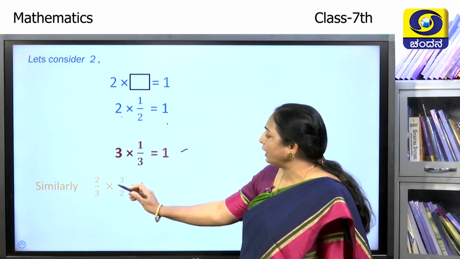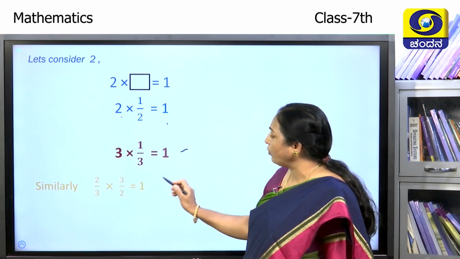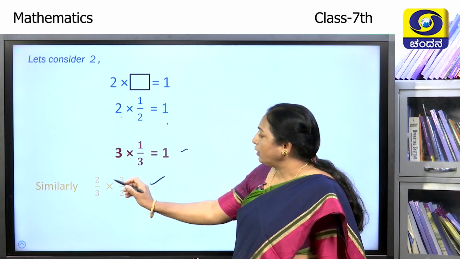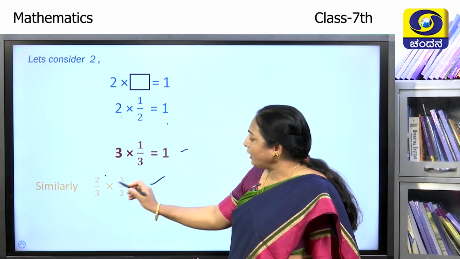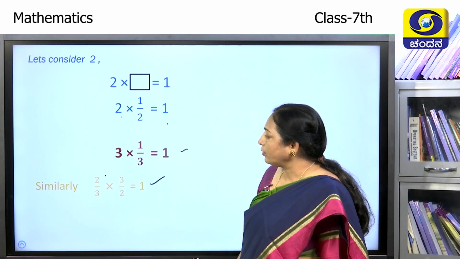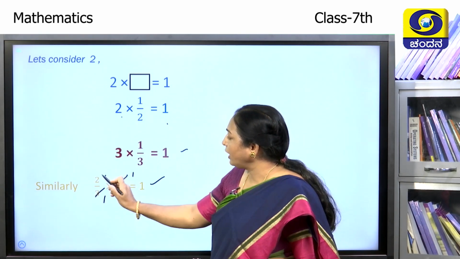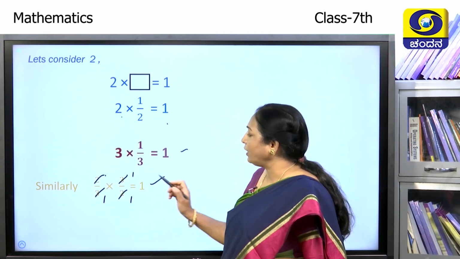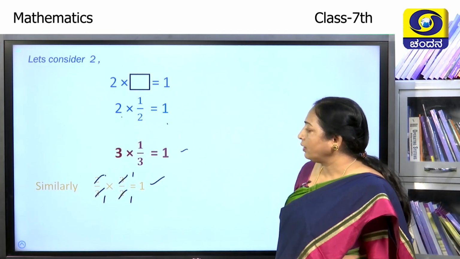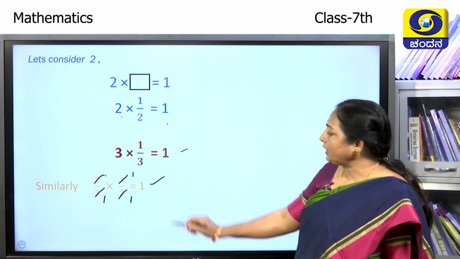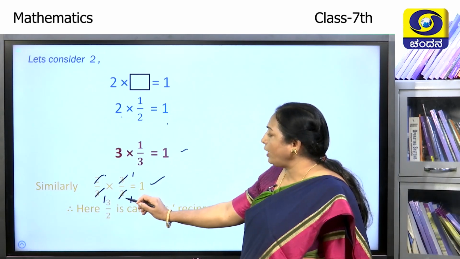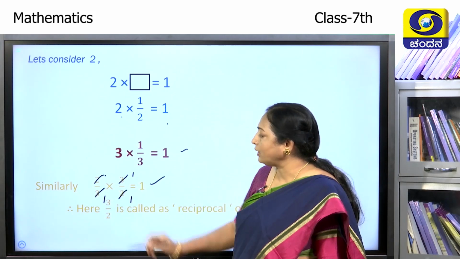Similarly, 2 by 3 into 3 by 2 gives 1. Here, by inverting 2 by 3, we get 3 by 2. By multiplying these two, we get 1 as the product. Therefore, 3 by 2 is called the reciprocal of 2 by 3.